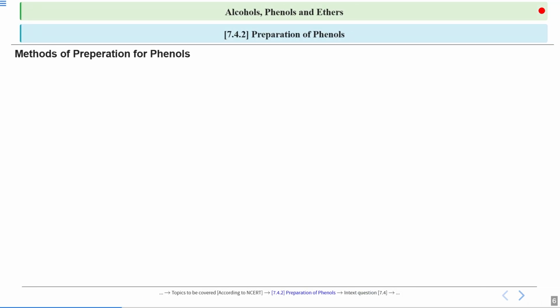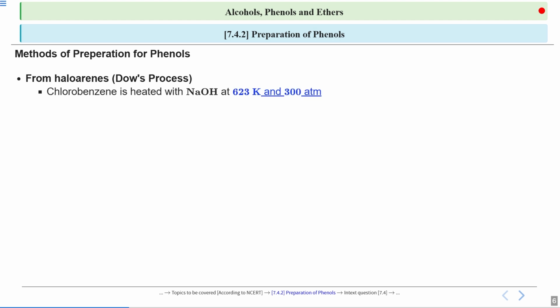The first method for the preparation of phenol is from haloarenes, and this is called Dow's process. Haloarenes means there is a halogen attached to the benzene ring. Taking the example of a simple haloarene, chlorobenzene, that is a benzene to which a chlorine is attached.